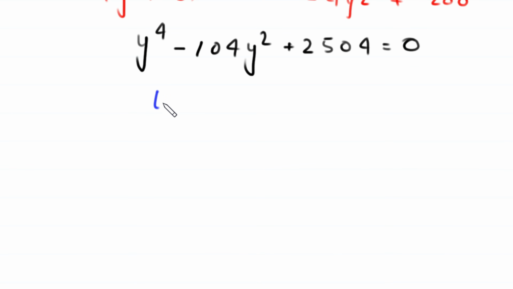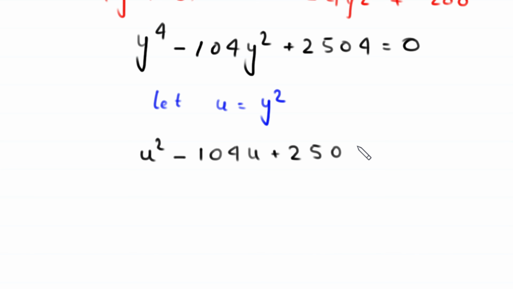Now we suppose that u is equal to y squared. So the equation will become u squared minus 104 times u plus 2504 equal to 0. This quadratic equation is not factorable, so we solve it by completing the square method.